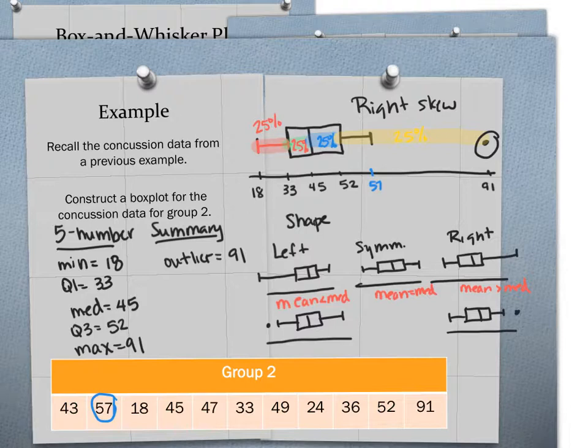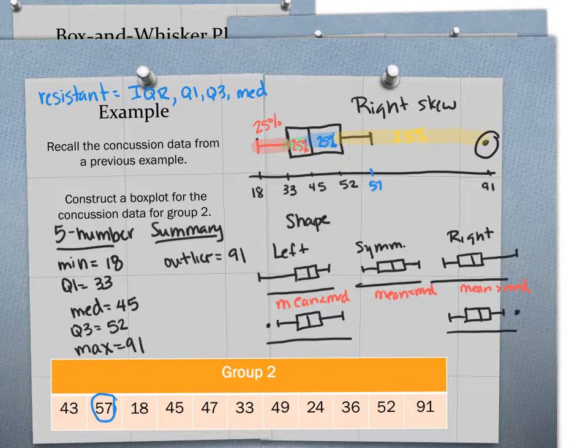Well, here for positional measures, the resistant measure is going to be the IQR, or any one of the quartiles, Q1, Q3, and again, the median.